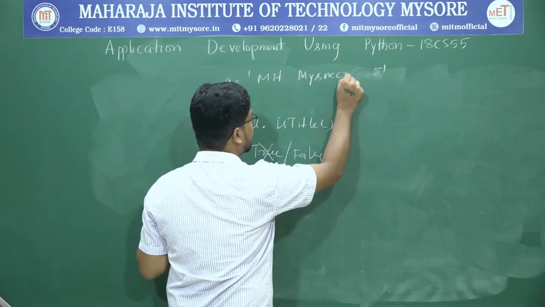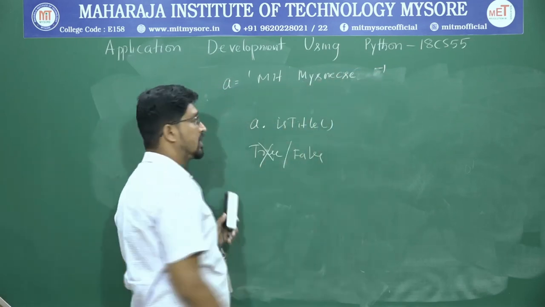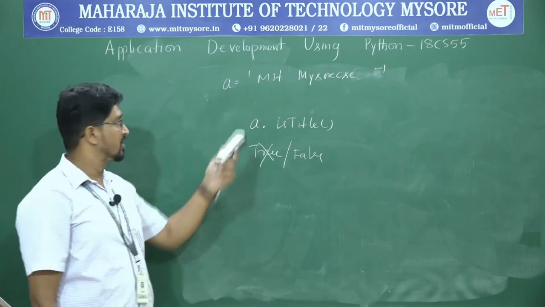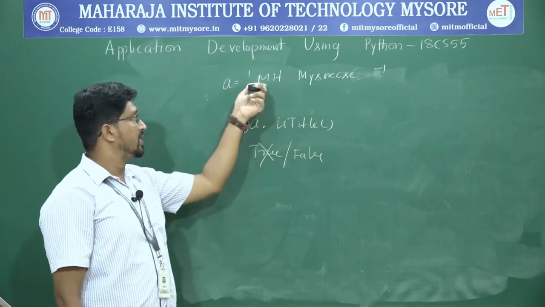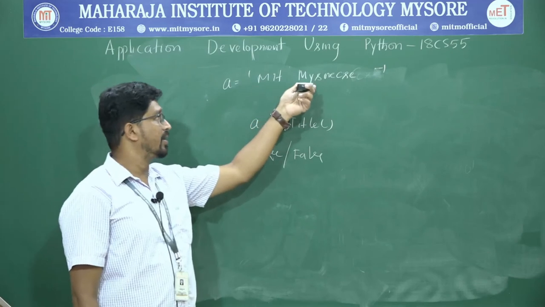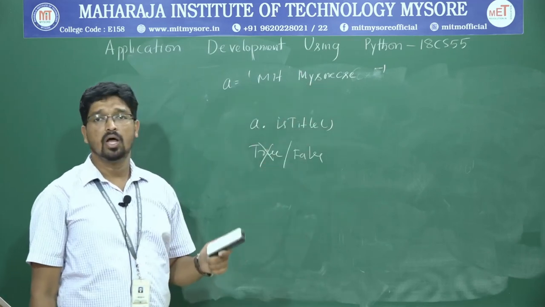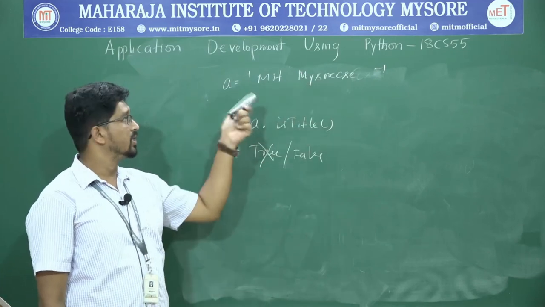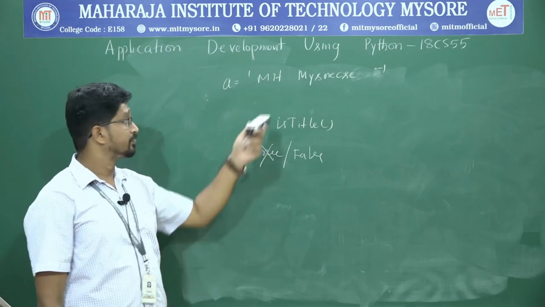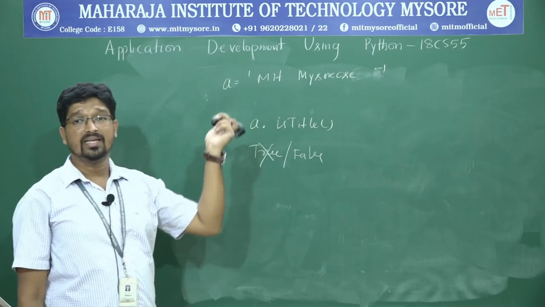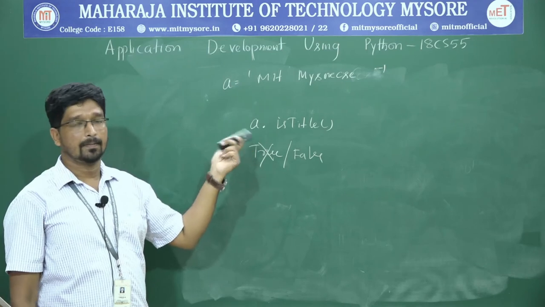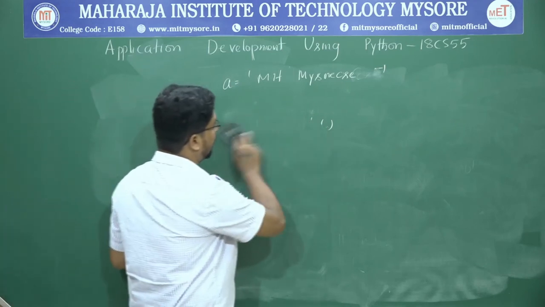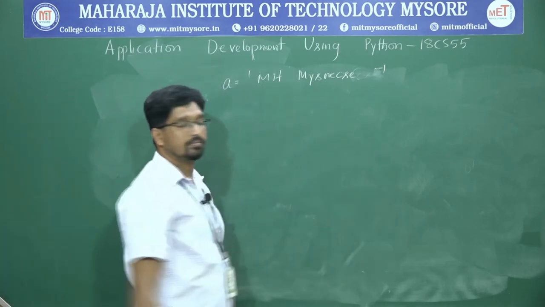Let us join the 2 words, MIT Mysore CSE, then you will get true as a result, because there are 2 words, one starting with a capital M, another with a capital M, and all other characters are in lower case. So this is how you write the is title method.